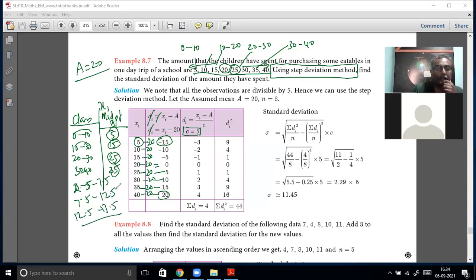Then you will get 5, 10, 15. In that case, 17.5 minus 12.5 will be 5. C is equal to 5. So like that, you assume C equal to 5.